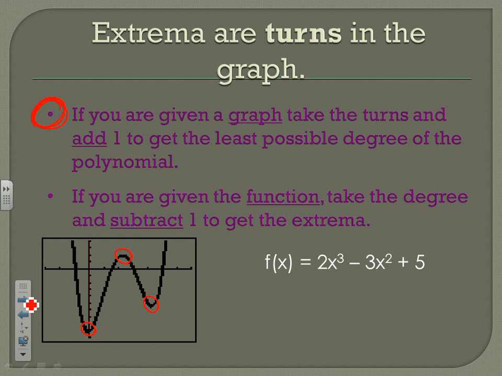It says count the number of turns, and then add 1 to it to get the least possible degree of this polynomial. So for this one, since it's got 3 turns, we would say that it must be a 4th degree because it says 3 plus 1. That means it's going to be a 4th degree. It's quartic. But my number of extrema, my number of turns, is 3.